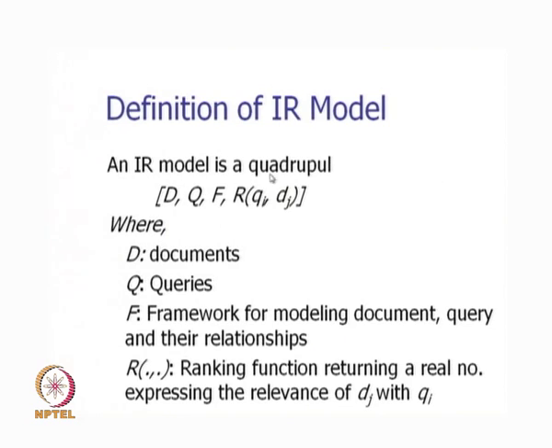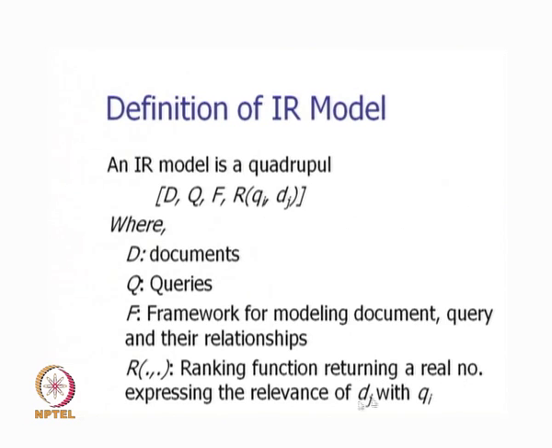An IR model is formally defined as a quadruple. It has 4 components. D is the set of documents, Q is the set of queries, F is a framework for modeling the document, query and their relationship. So, F is a framework which represents the documents and the queries, and R(q_i, d_j) is a ranking function.